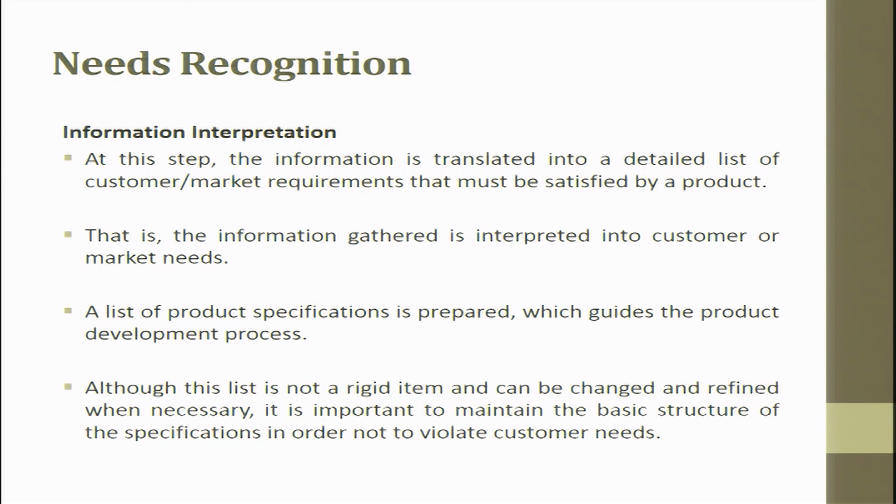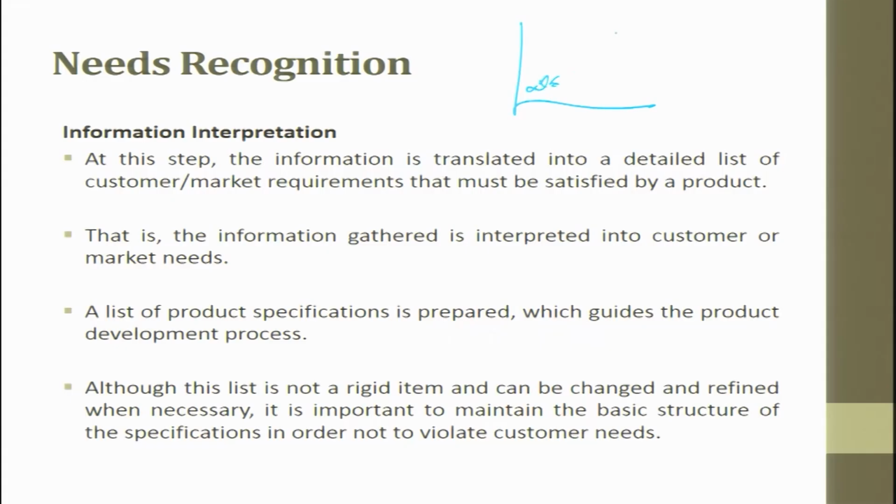Information interpretation. Interpretation skills are very much required when we start doing product development or product design. Why is this trend coming? Is this trend whatever we are getting logical? Many a times they do clustering of data. Some points will be here, some points will be here, some points will be here.